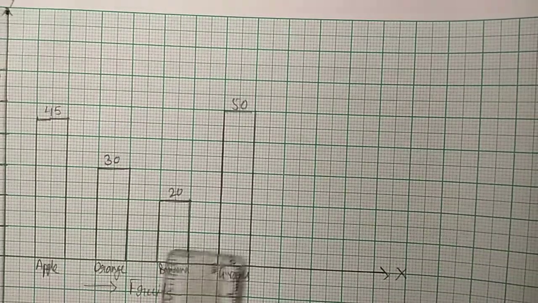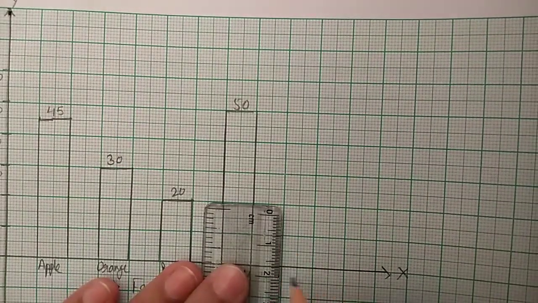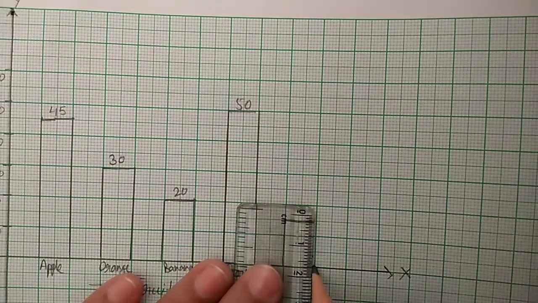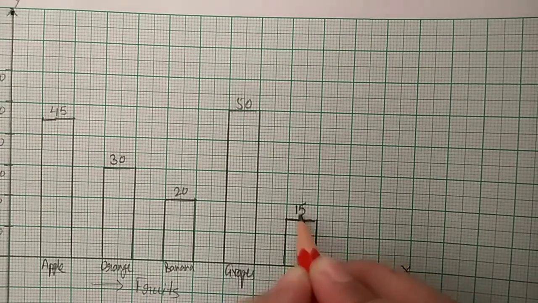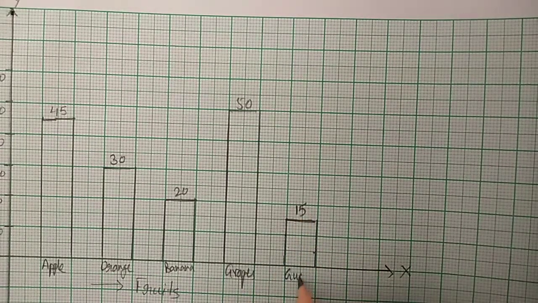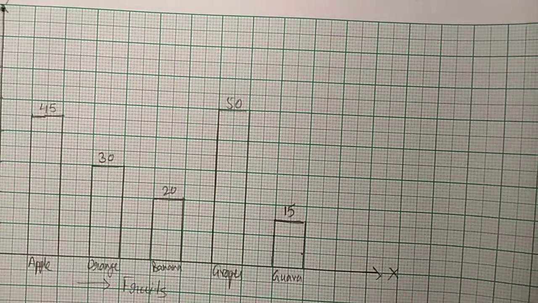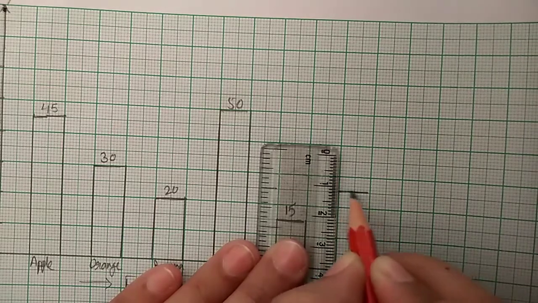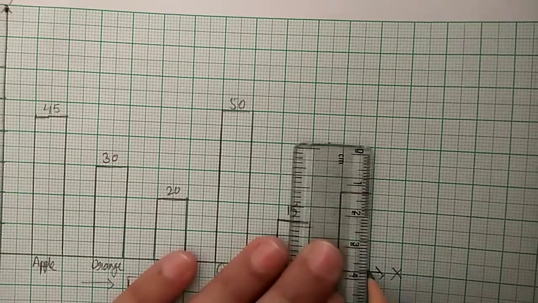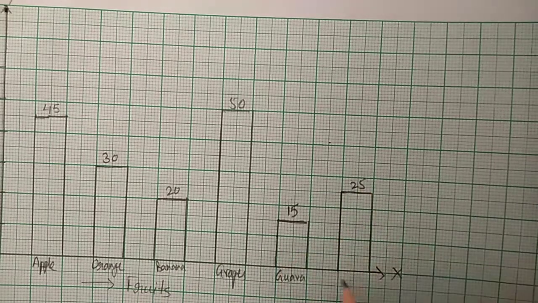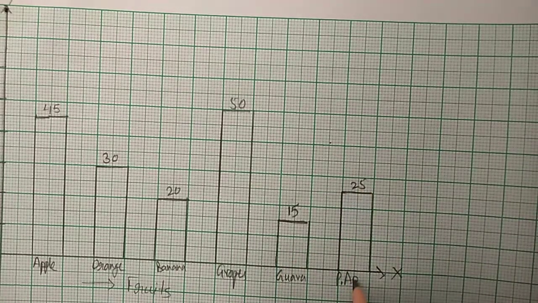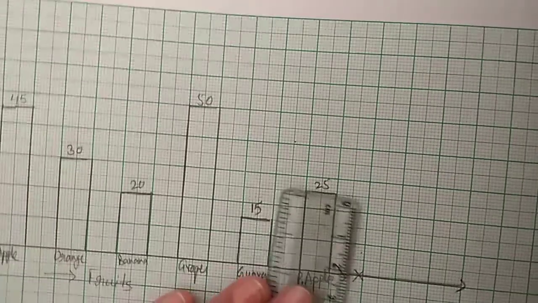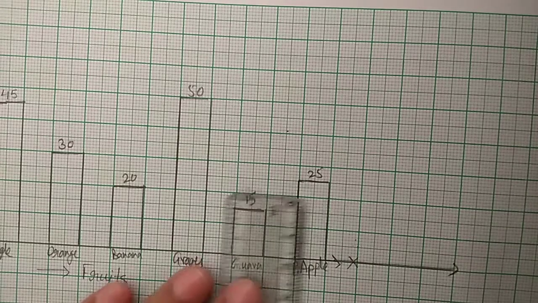After the grapes, guava 15. 15 will come between 10 and 20, so till here, 10 and a half means 15. After guava, pineapple 25. So 10, 20 and here 25. This line you can extend as much as you want. Then after that we have papaya 15.